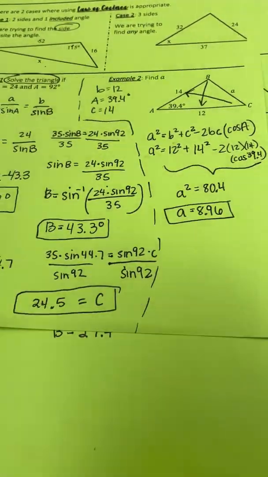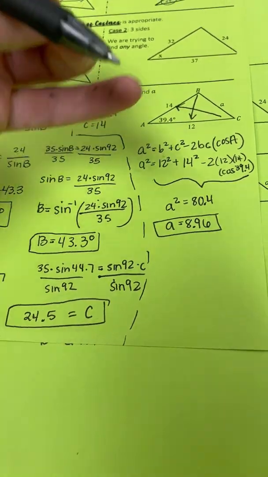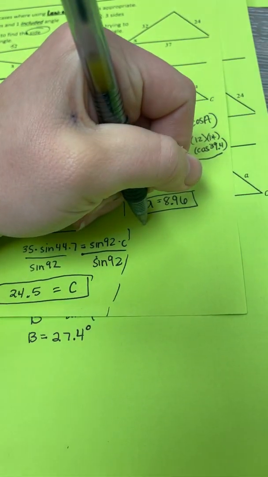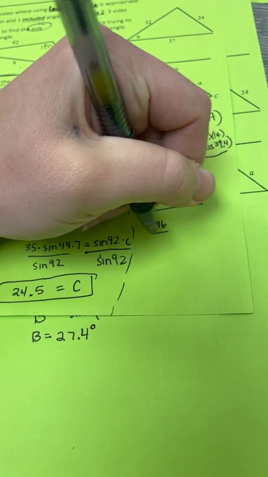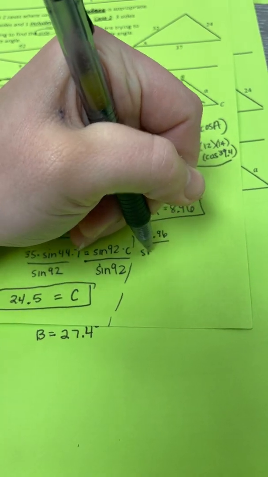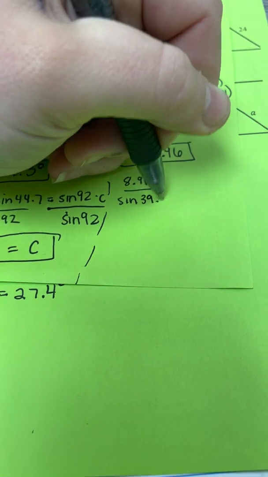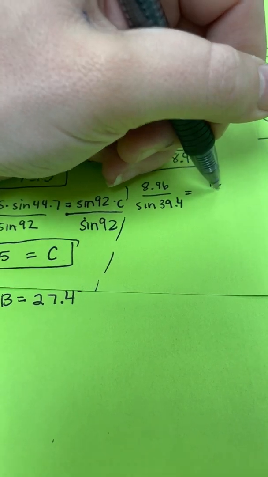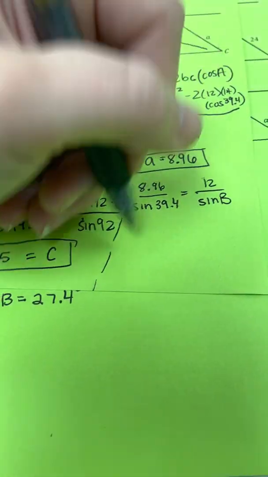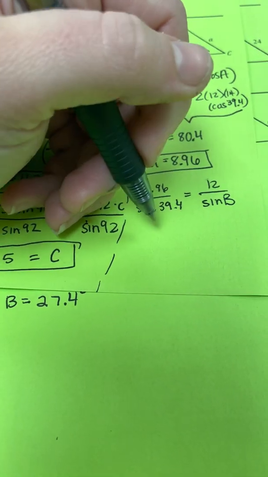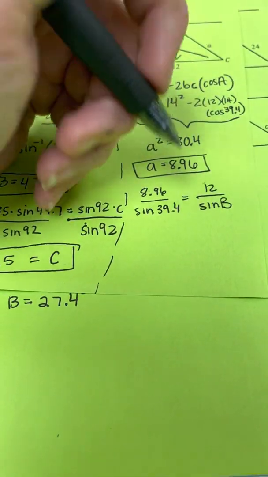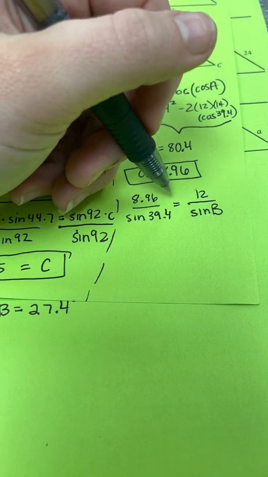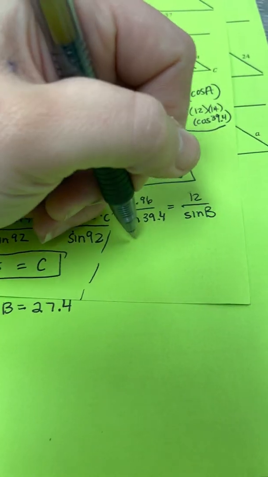You can set up a proportion because we have a and measure A. So let's say we have 8.96 over sine of 39.4, and that is equal to, let's do b, 12 over sine B. Once you cross multiply, you'll end up doing sine to the negative 1 of 12 times sine 39.4 divided by 8.96. B is going to end up being 58.2 degrees.